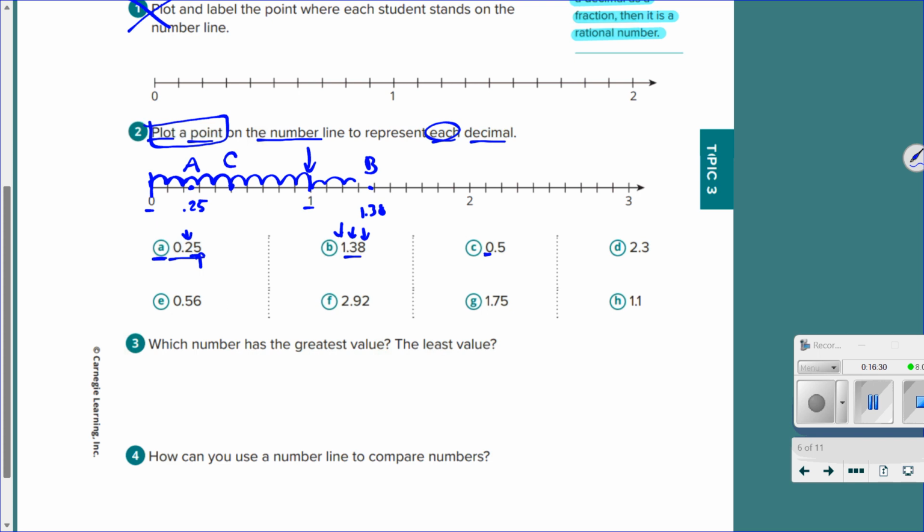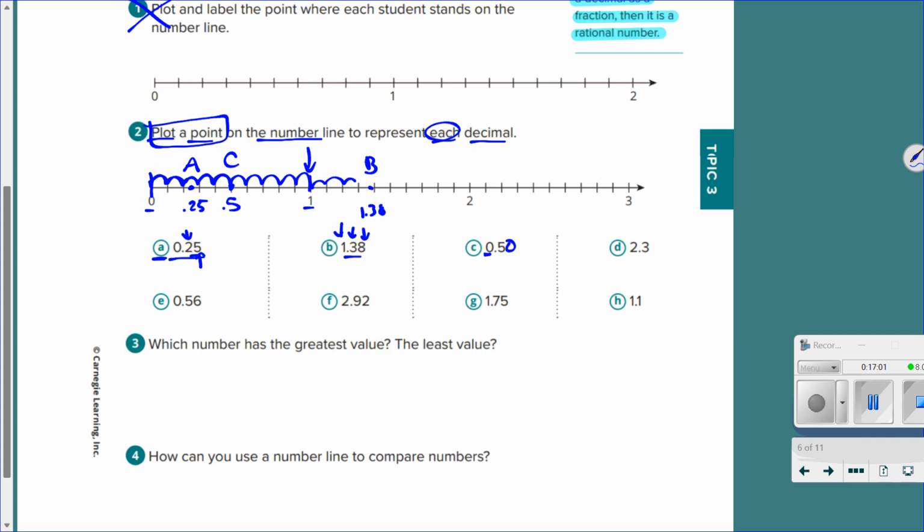Tenths place. Think about it like money, guys. How many numbers do you have to have after the decimal when it's money? 2. So we can think about it like 50 cents is halfway between $0 and $1. Does that make sense?